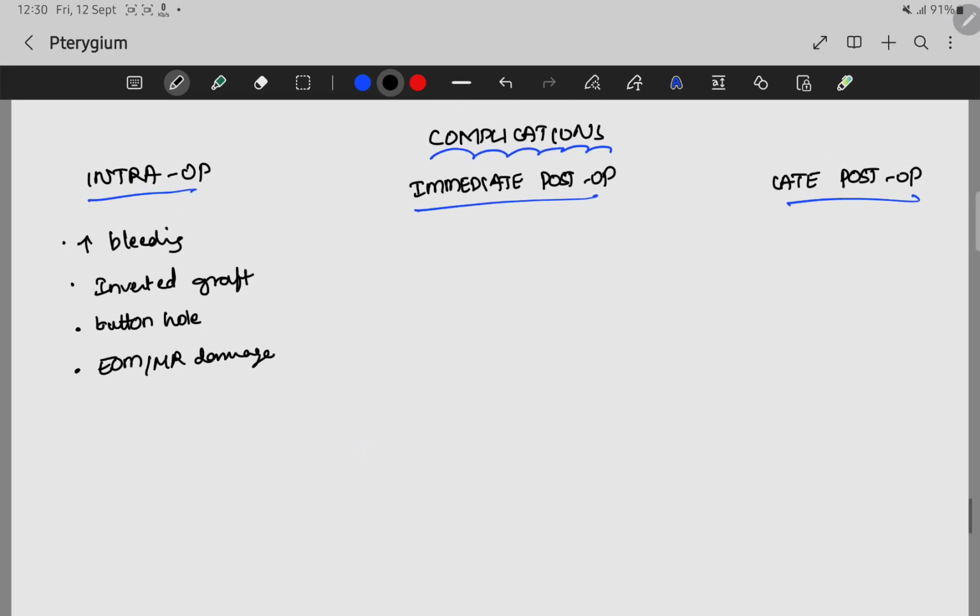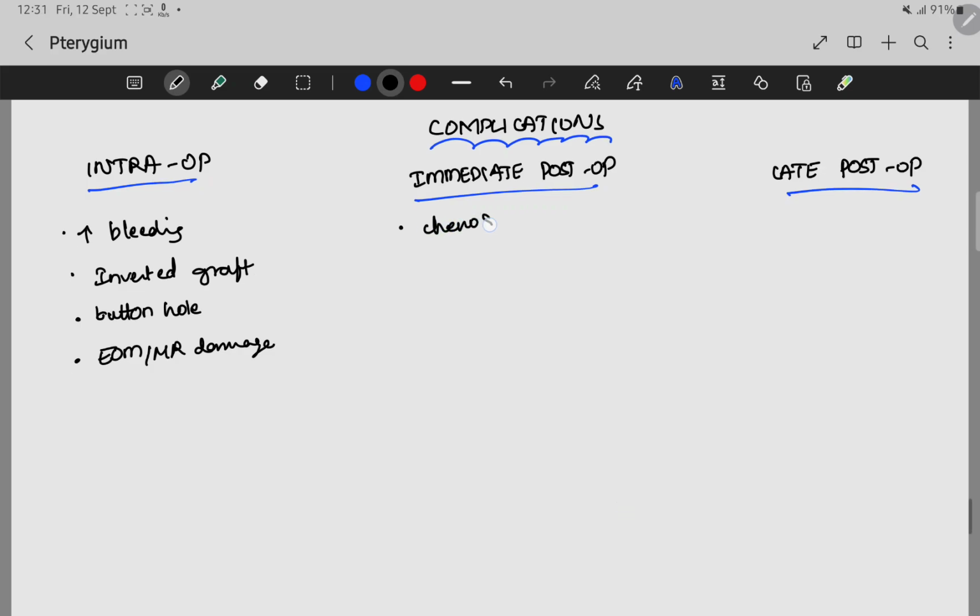Okay, so these are the intraoperative complications, and the immediate postoperative complications are chemosis, graft edema or hematoma, loss of graft if it is not sutured properly, and infection of the graft.